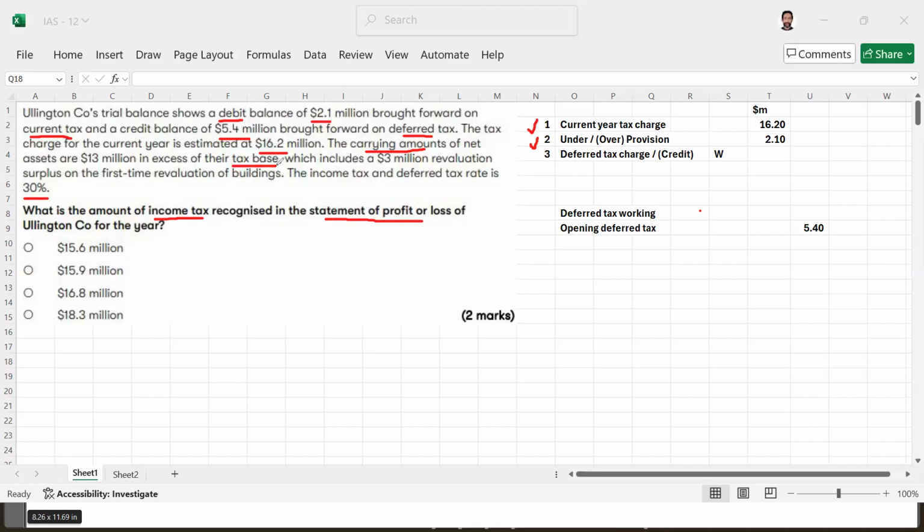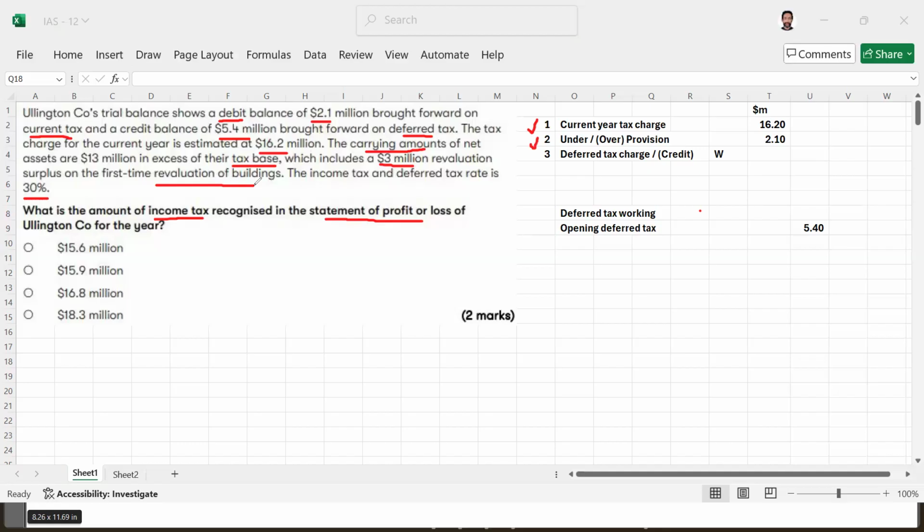If this is high, then we have a deferred tax asset, but in this case it is low. At the start we also had the opening deferred tax liability, so closing will also be a deferred tax liability. But there is one more twist here, which includes 3 million revaluation surplus on the first revaluation of buildings. So this is related to revaluation. Now, revaluation of the building is a gain which is unrealized.